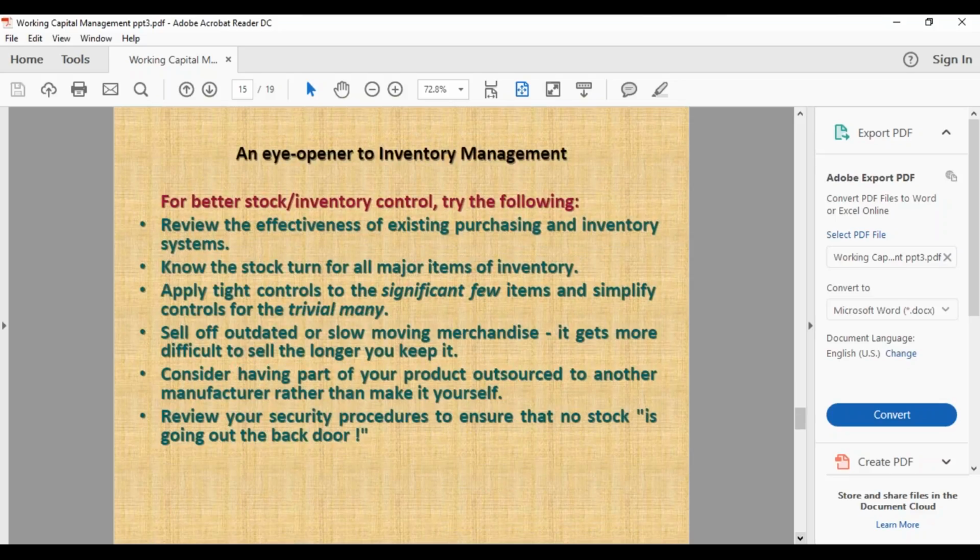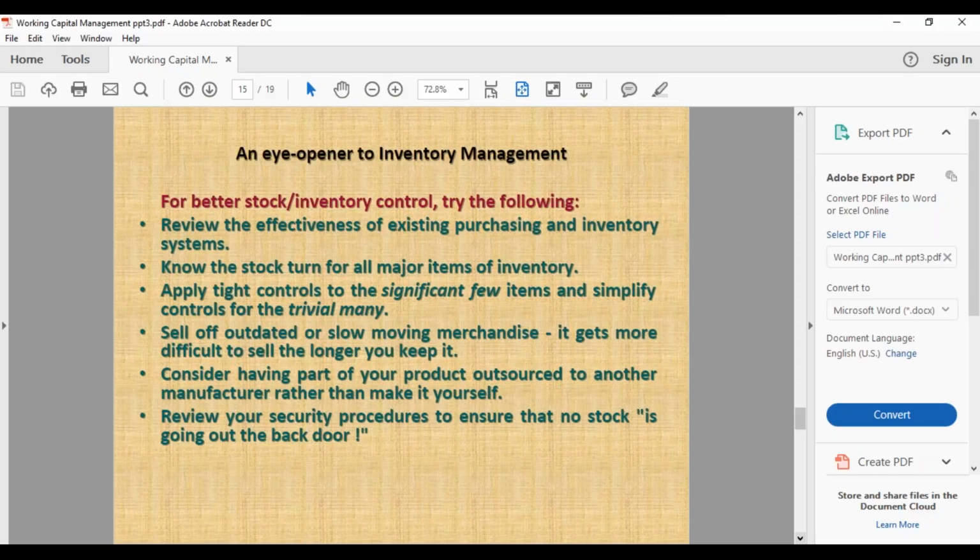Okay, so here we are talking about inventory management and how it helps. It helps with better stock and inventory control. Review the effectiveness of existing purchasing and inventory systems. It should be closely reviewed whether it is effective or not. The current policy that you have, if it is not good enough, you need to change it. Know the stock turn for all major items of inventory.